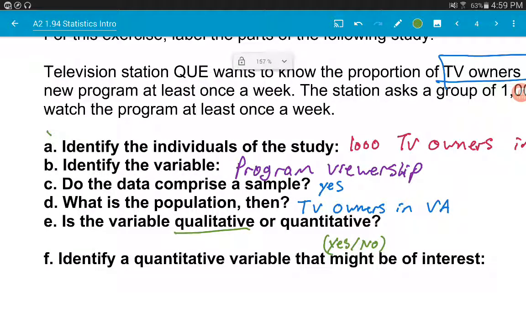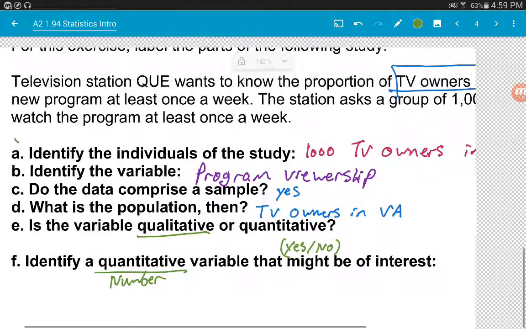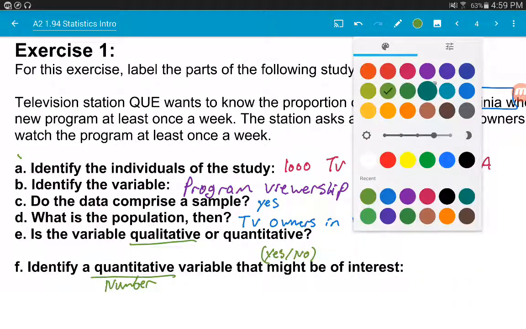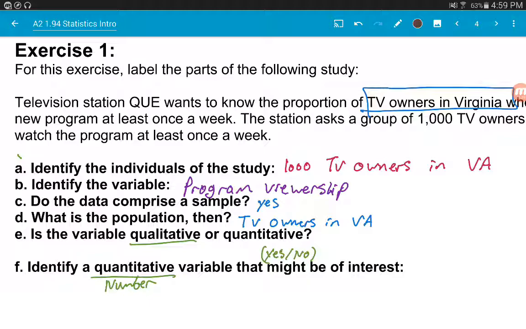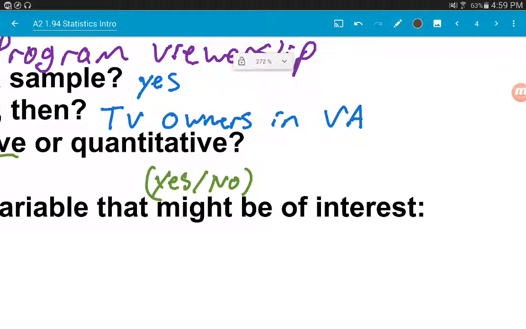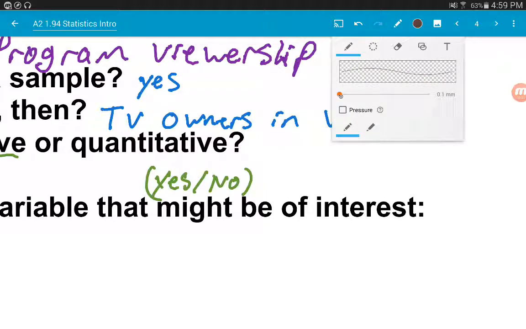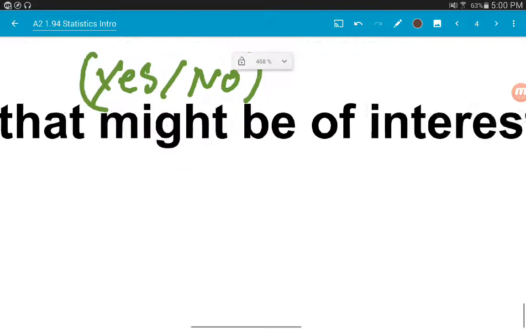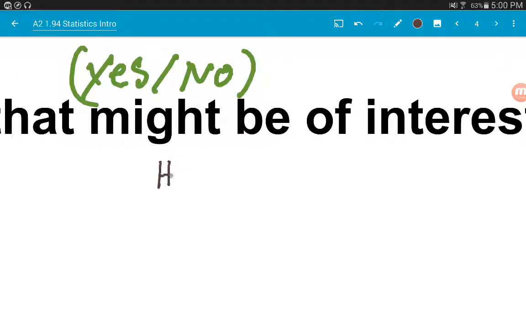Now identify a quantitative, meaning a number variable that might be of interest. So if I was doing a study about this program, just think about something that the station might be interested in knowing about the TV owners that they survey. So these 1,000 TV owners. They might want to know, for instance, how many times per week.